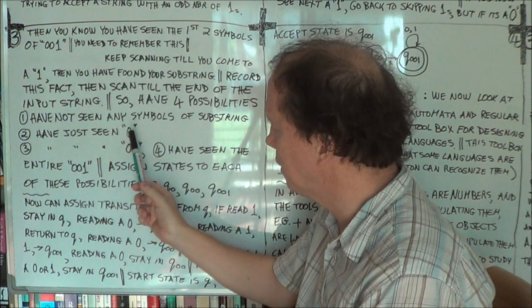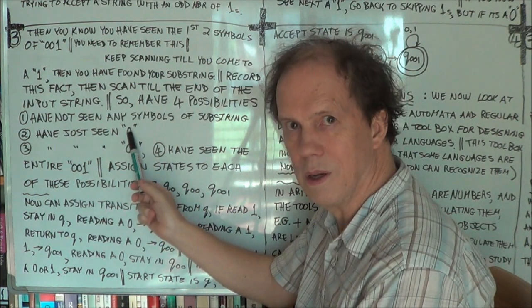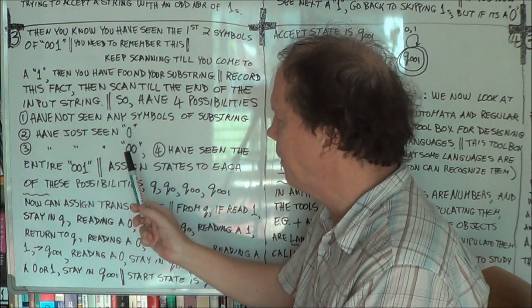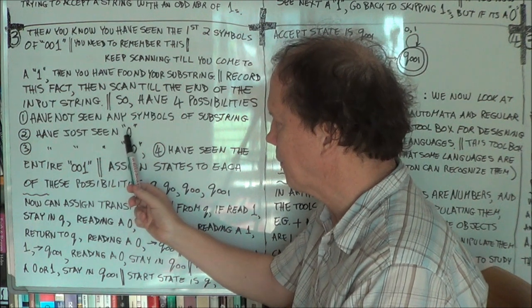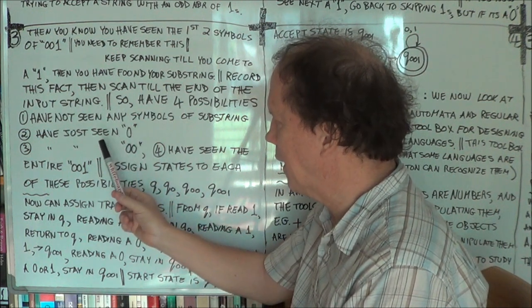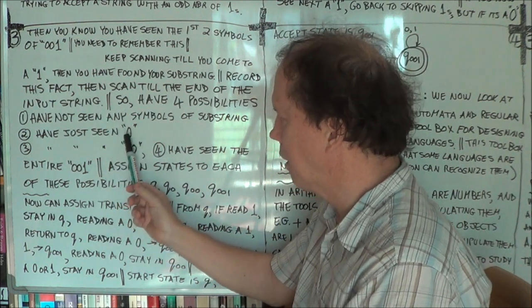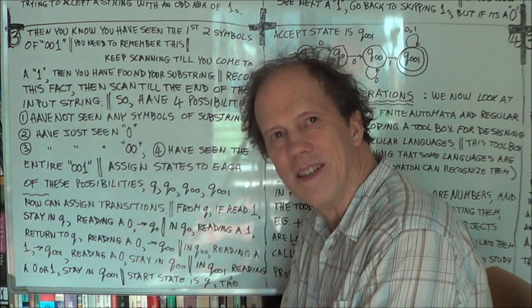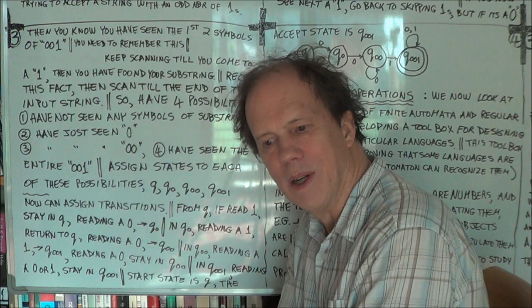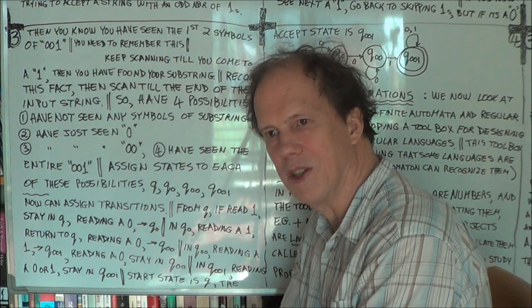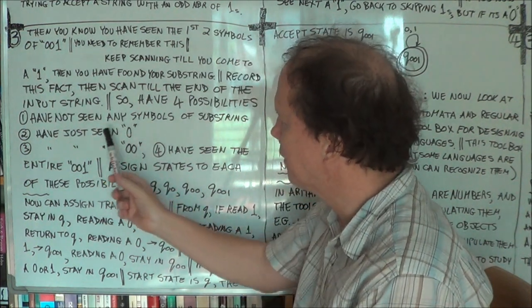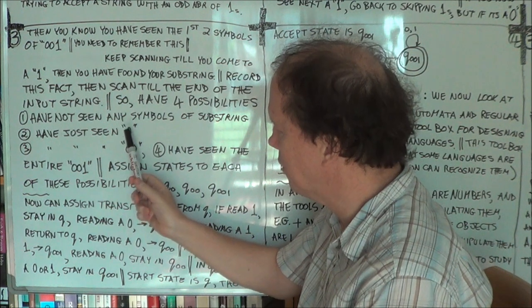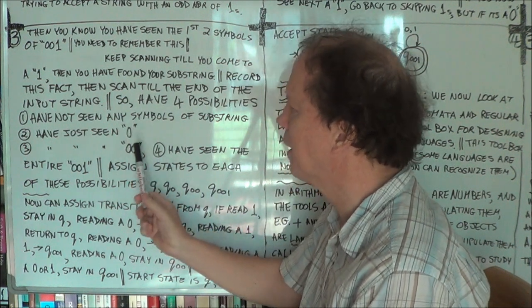Your second state corresponds to when you see a 0. So if you've seen a 0, you go into that state.